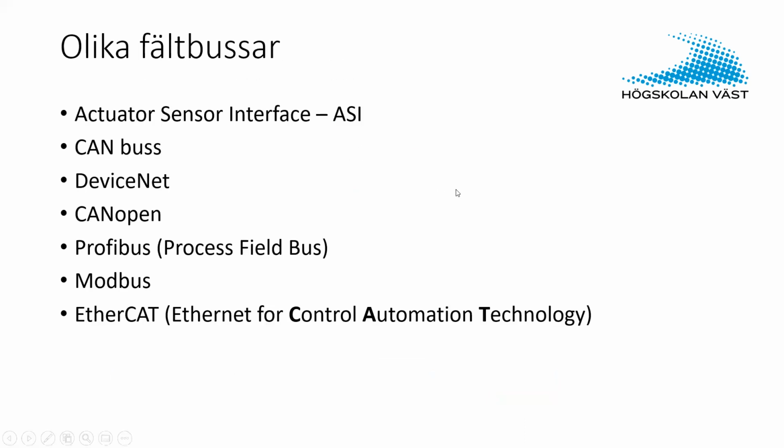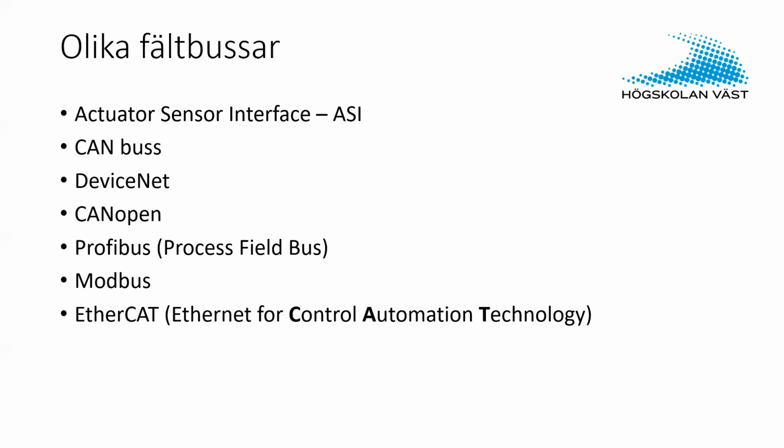So here are some field buses, and it's a little bit of a jungle. If you work for many years in the automation area, you will start learning more and more about these buses. But here we will only look at 1 or 2 examples.